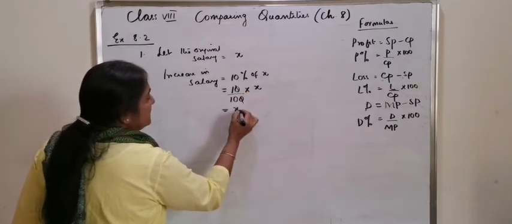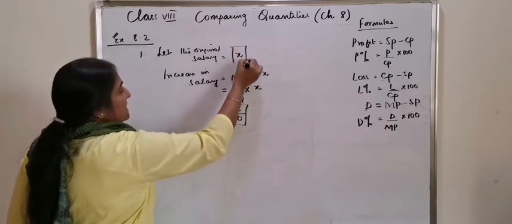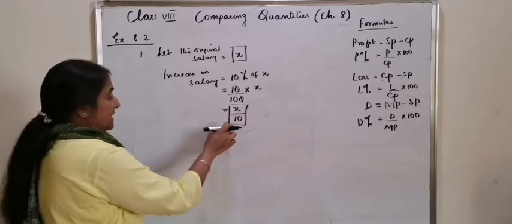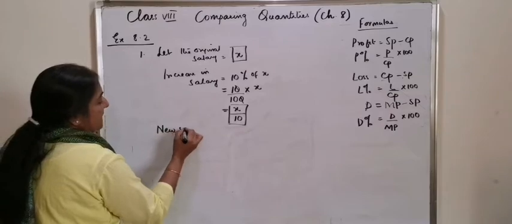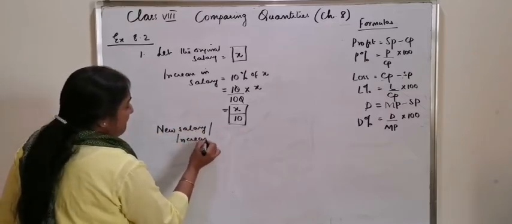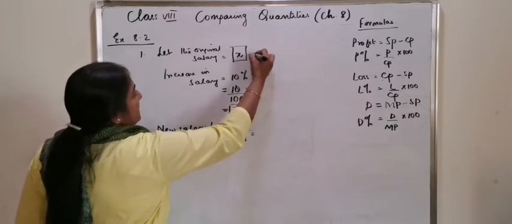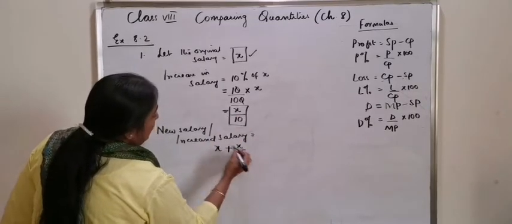In short, it is x by 10. So the original salary is x. The increase in salary is x by 10. So what will be the new salary, or the current salary, or the increased salary? New salary or increased salary is x plus x by 10.